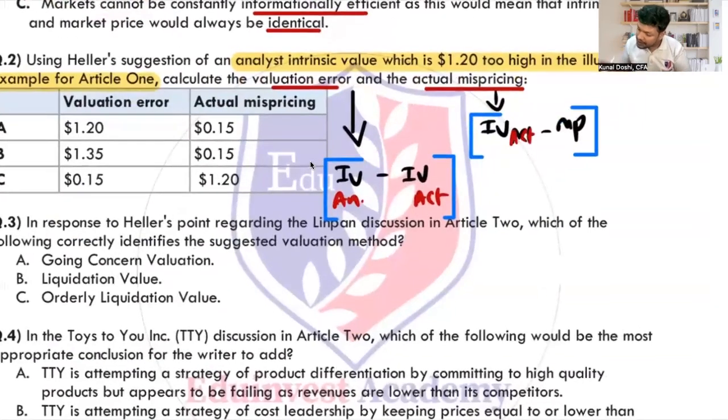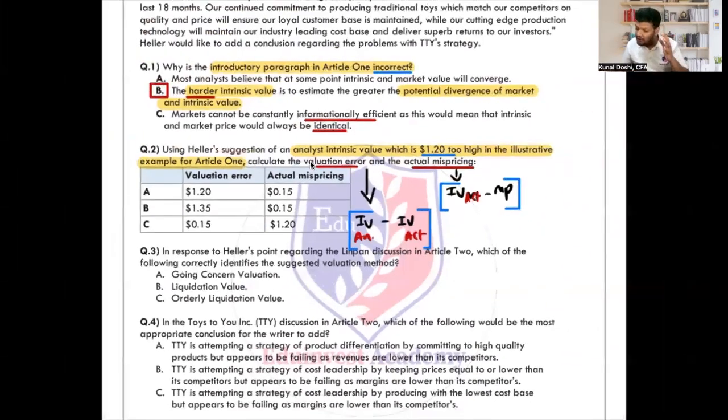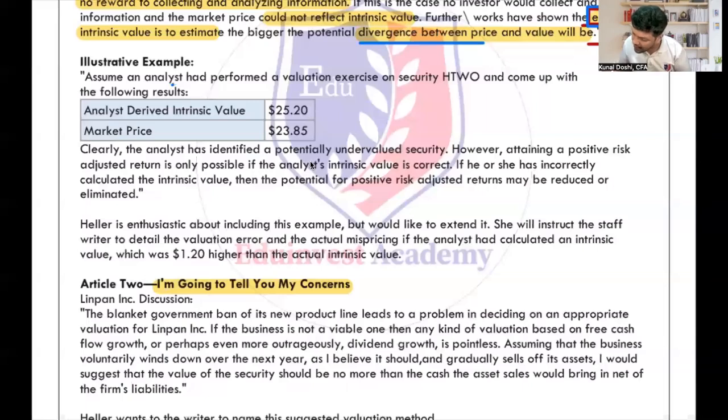So here they have told me that the analyst intrinsic value is $1.2 higher than that illustrated in the example for article 1. So I need to go to the example: assuming an analyst has performed a valuation on a security and come up with the following results. Analyst derived intrinsic value is this. Guys, what is this?